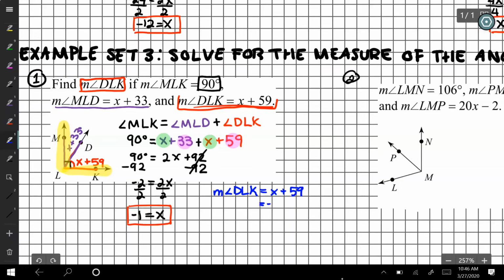So I have -1 plus 59, which is going to give me 58 degrees, is the measure of angle DLK. Let's make that a better 8. 58 degrees.